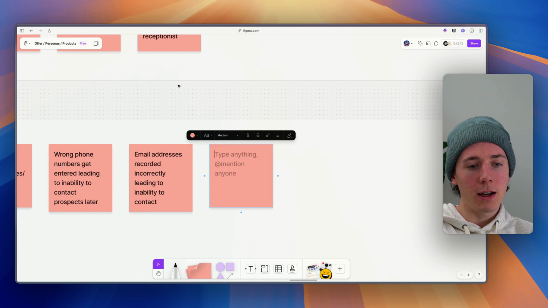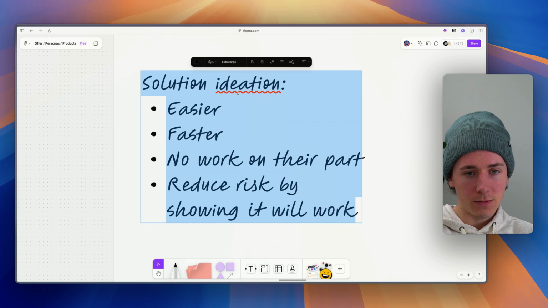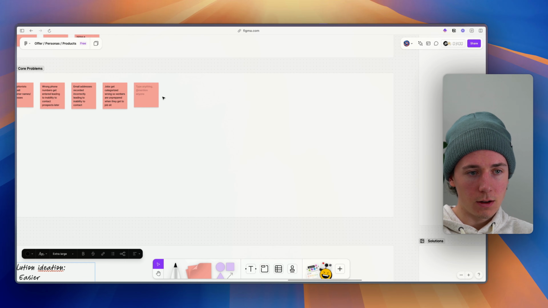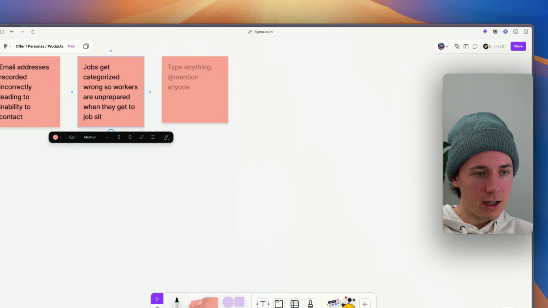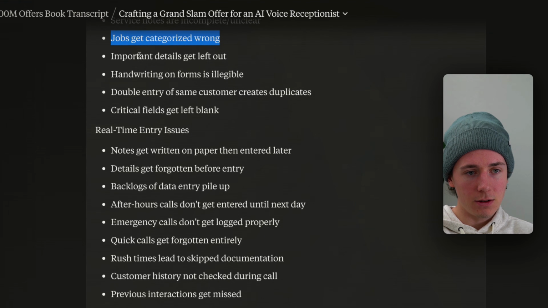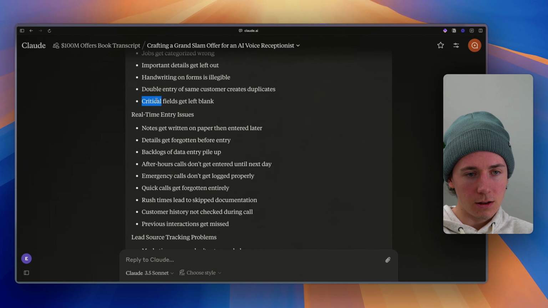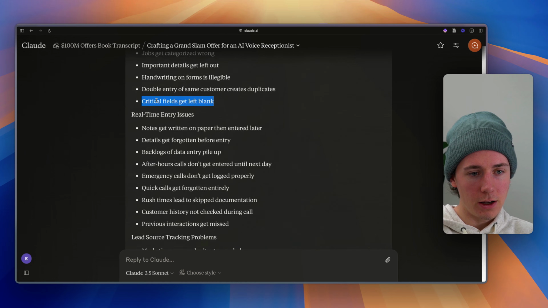Jobs categorized wrong, so workers are unprepared when they get to the job site. The next thing is important details get left out. Critical fields get left blank.